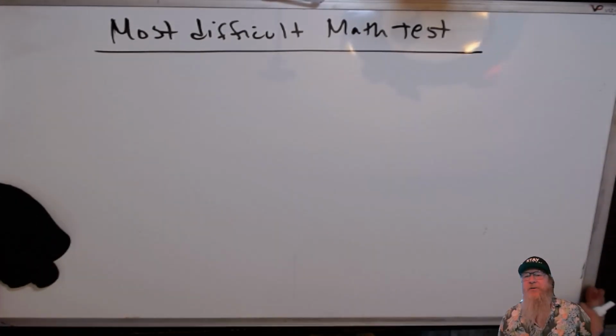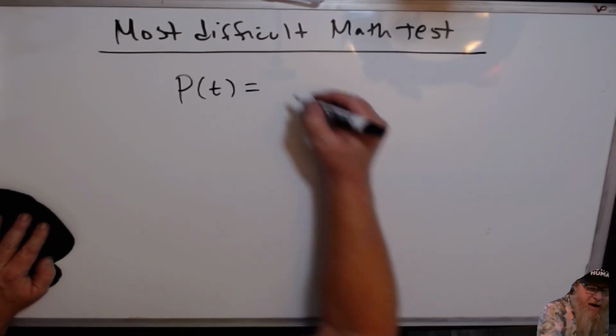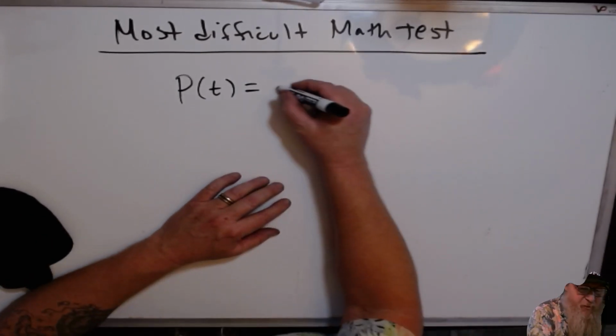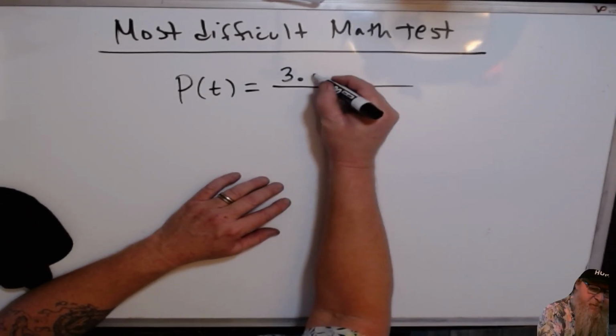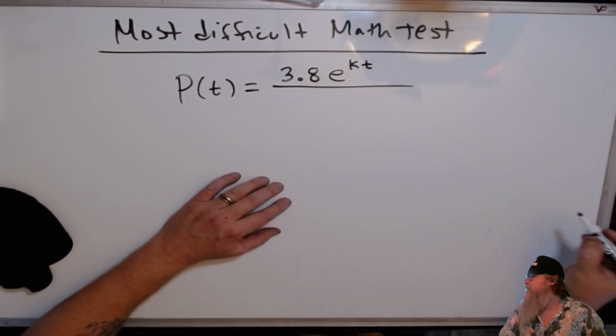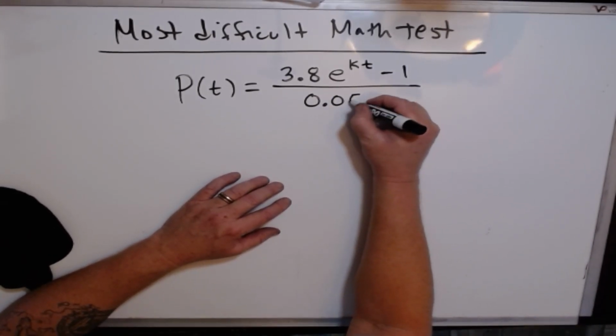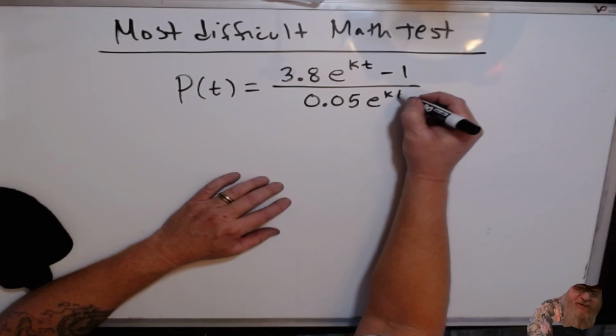So I had a professor at Berkeley that his grades followed a very simple formula. Very simple. Very simple if you are a math major. And it fits right in.